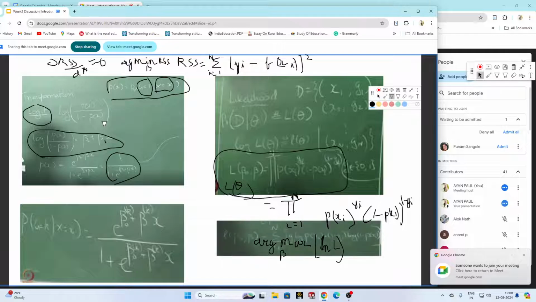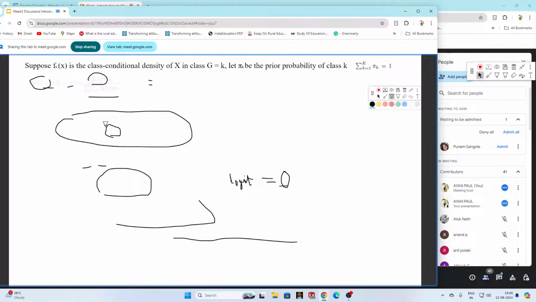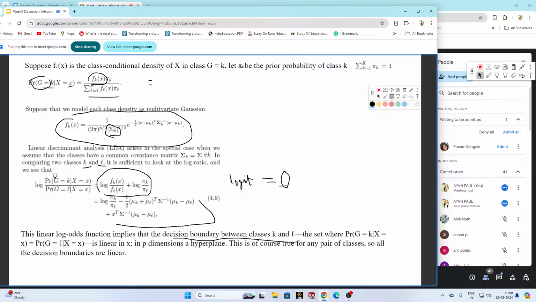For LDA, this is the logit function. If we are considering two classes, G equals k means the x point belongs to class k, and G equals l means the x point belongs to class l. So this is known as the logit transformation.